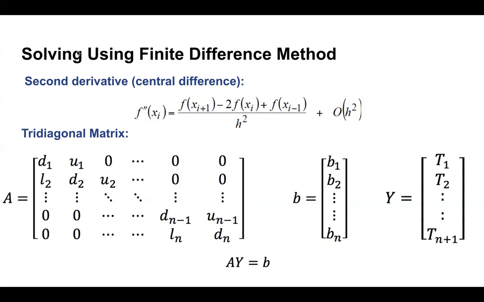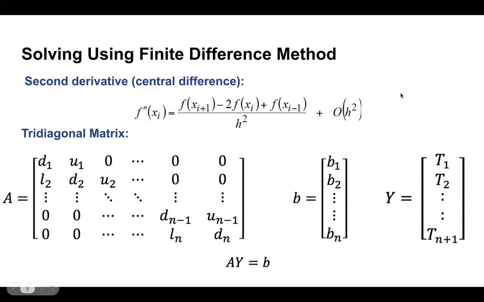If we have a total length, for example, here in our case we have a rod. What we do is a finite gridding here like this. So this will be i, this will be i plus 1, and this will be i minus 1.